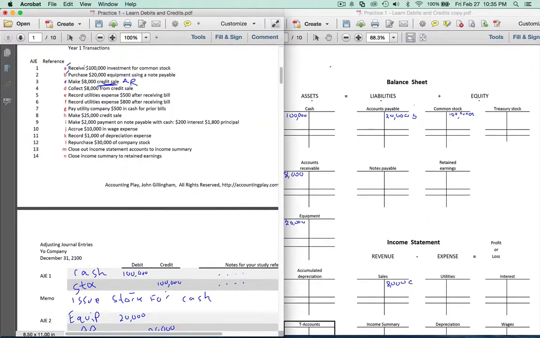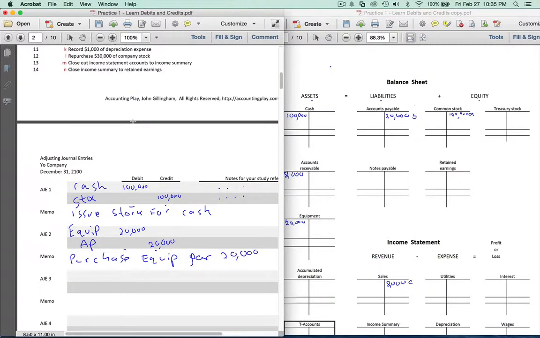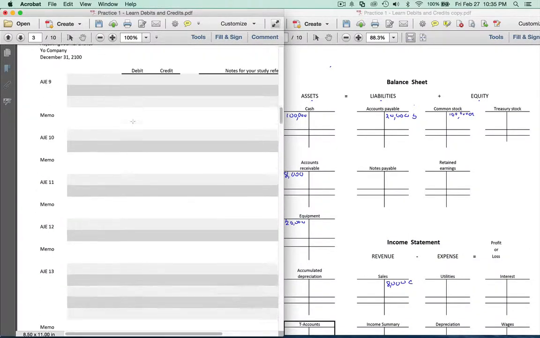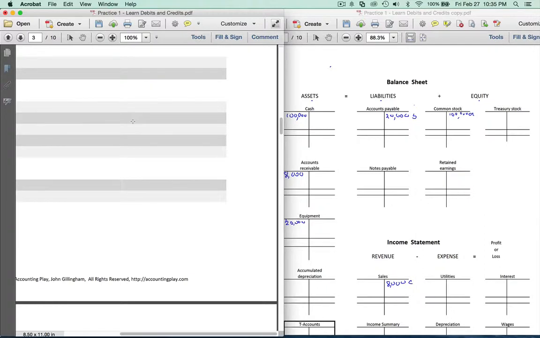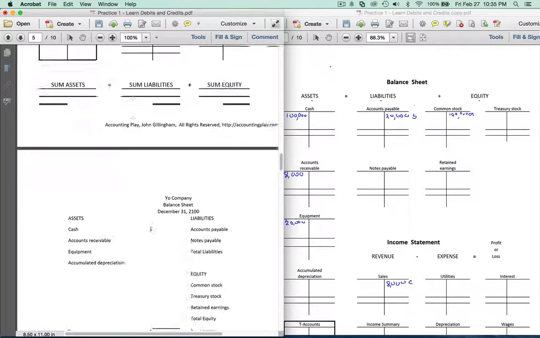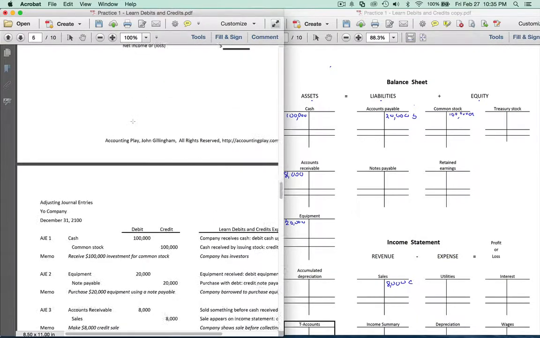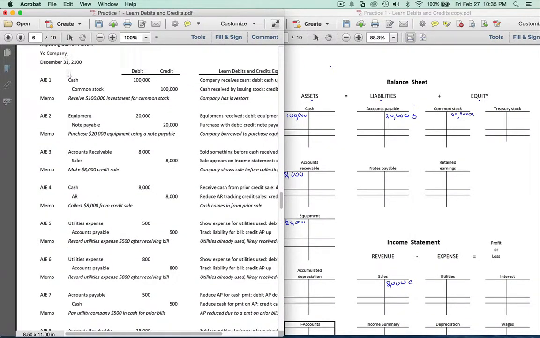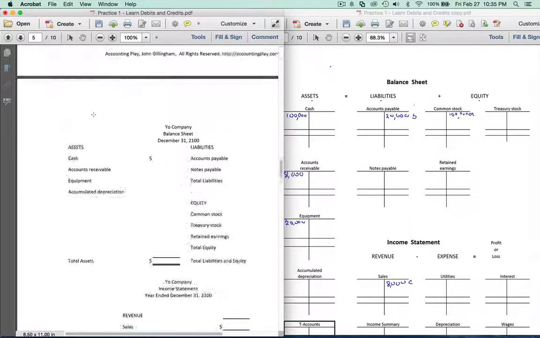So I don't feel like doing the journal entries anymore because I don't know if that's going to help you watching me do them. So here's all the blanks. I want you to try them. Debits, credits, debits, credits. And then down here is where you'll get to see the answers.